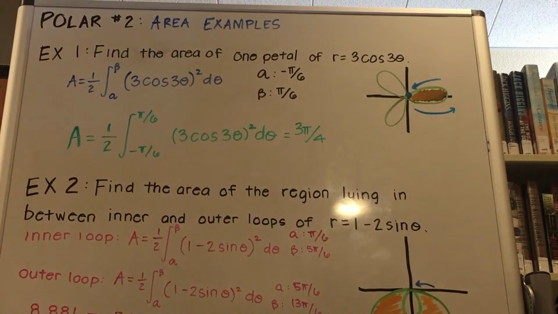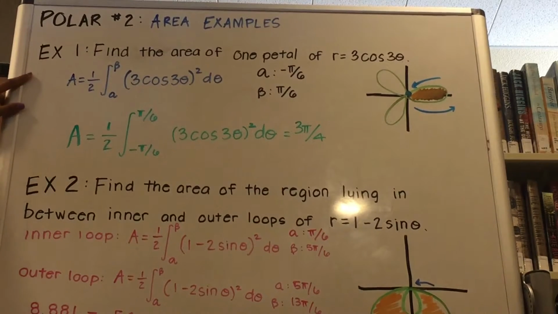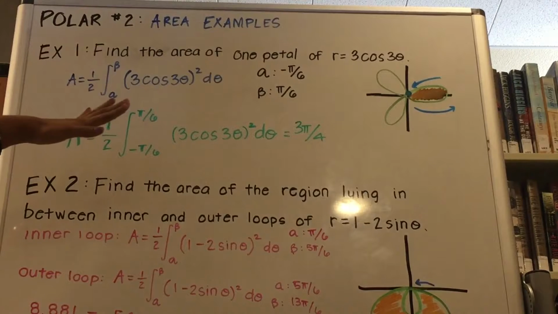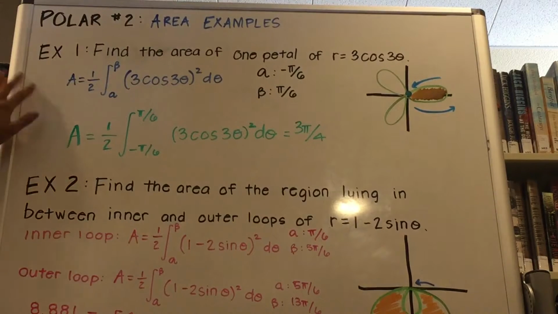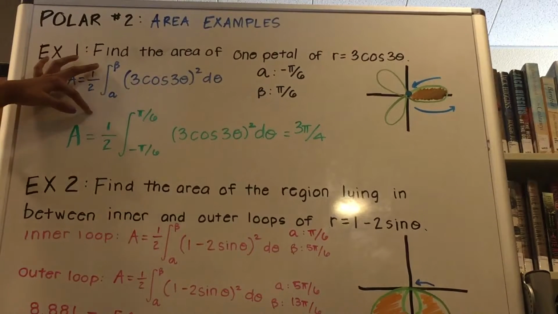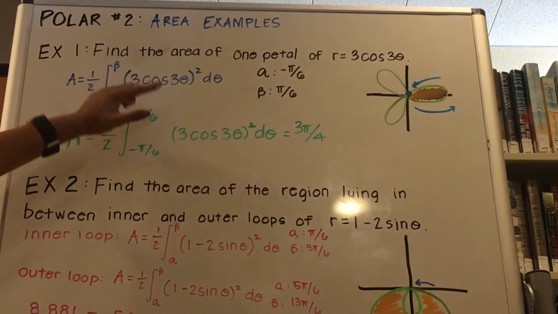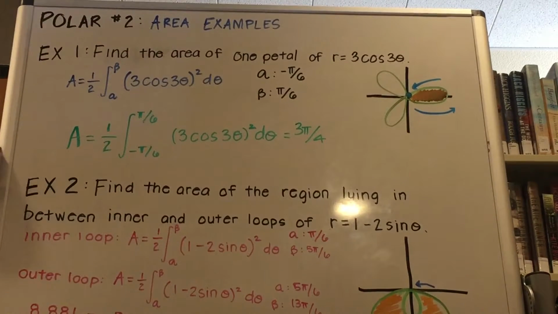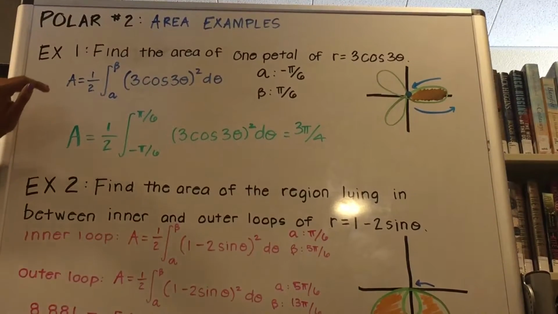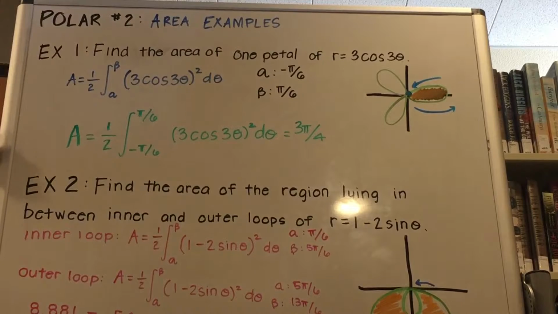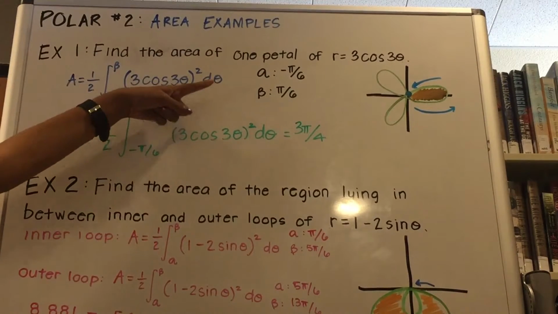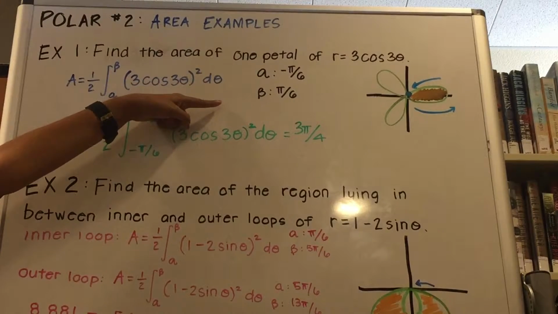Okay, all right, now we're going to do some examples of the three things we talked about before. The first example says to find the area of one petal of this rose curve, r equals 3 cosine 3 theta. I've written down the area formula up here without the bounds, so it just says a and b. And it's 3 cosine 3 theta squared, from the area formula. If you graph this on a graphing calculator, or plug in 0 for theta, which is what we've done before, you would find that a is negative pi over 6 and b is pi over 6.